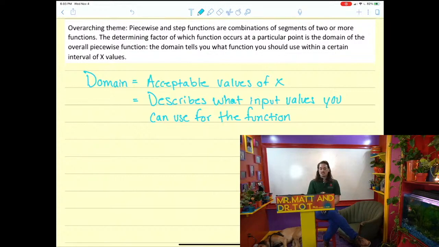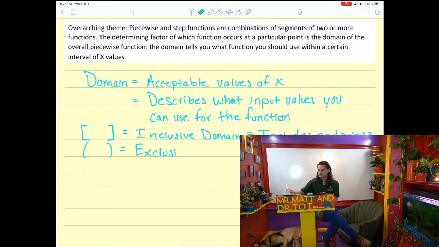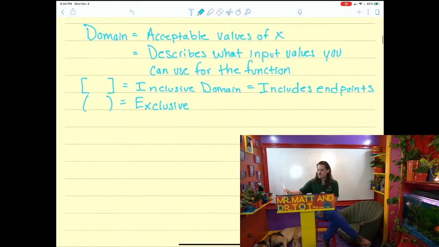We also need to talk about inclusive versus exclusive domain. When we see brackets around a certain value, that means that the domain is inclusive. That means that it includes the endpoints. If you see parentheses, that's usually indicative of an exclusive domain, and that means that it does not include the endpoints.